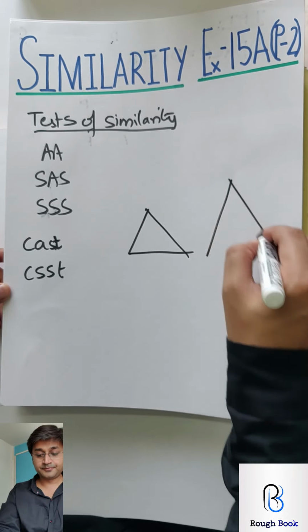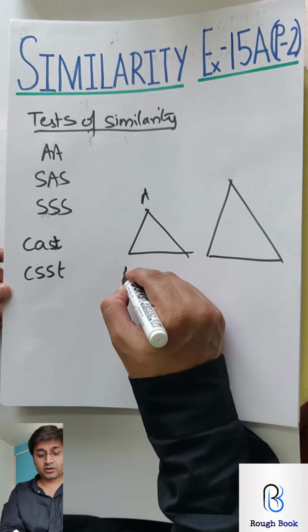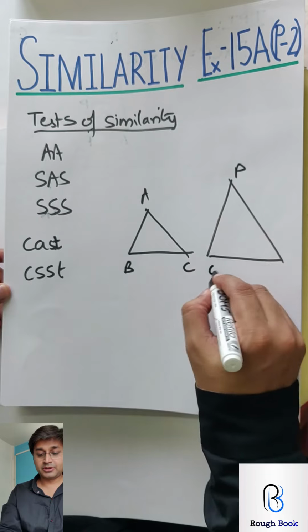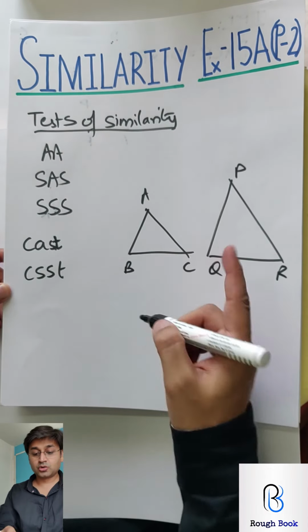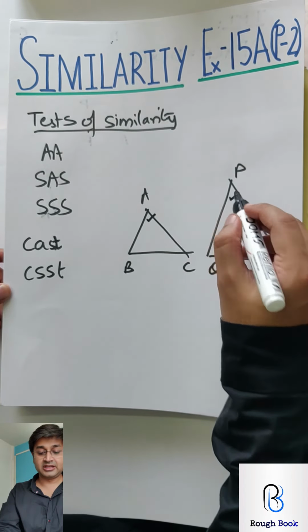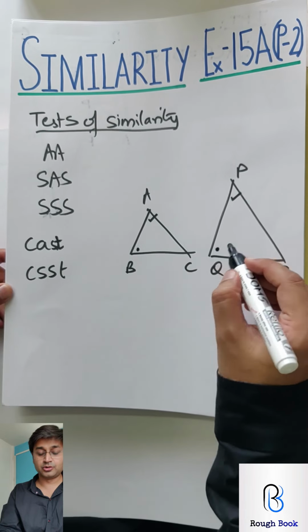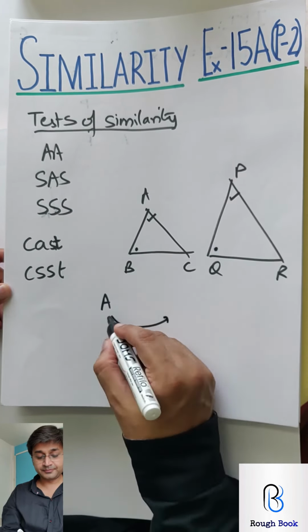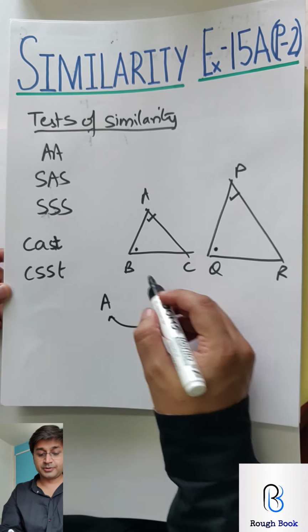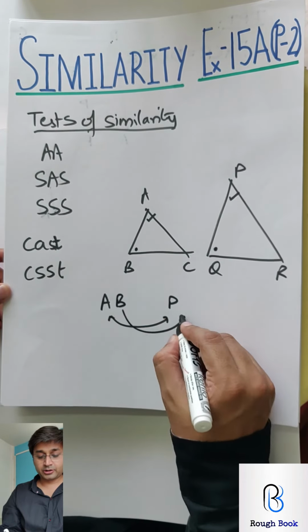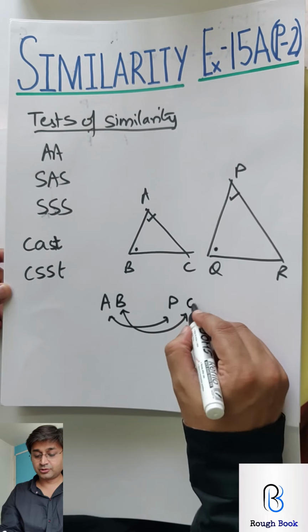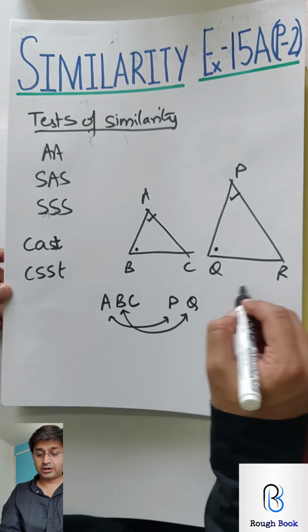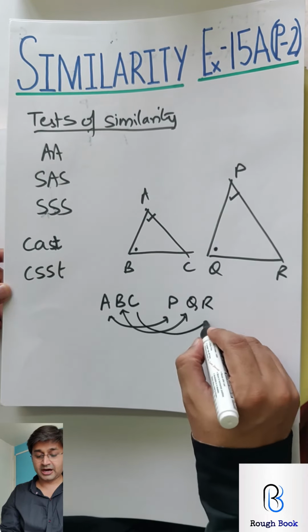So one triangle, second triangle, I call it ABC and PQR. Let's say A is equal to P, B is equal to Q. So for A, the one-to-one correspondence is going to be P. For B, it is going to be Q, and for C, it is going to be R.